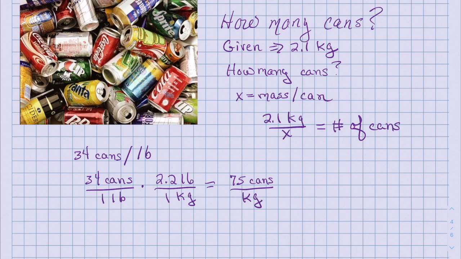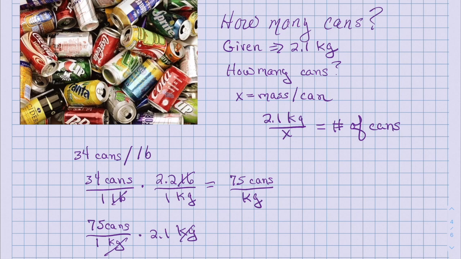Now, I've got 2.1 kilograms, so what I can do is take this 75 cans per kilogram, and remember what I'm trying to figure out is how many cans I have. So if I multiply it by 2.1 kilograms, and again, you'll see kilograms cancel. I should have pointed out up here that in this calculation, the pounds cancel, and that's how I get 75 cans per kilogram.